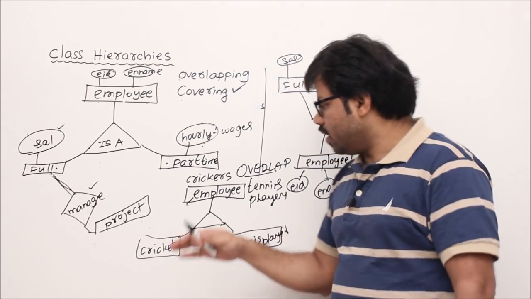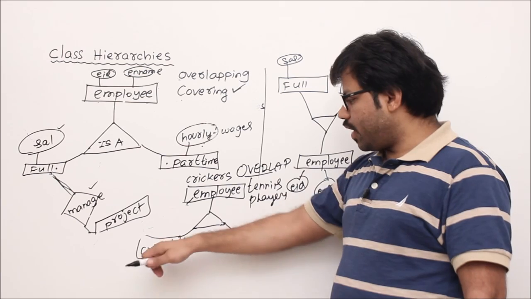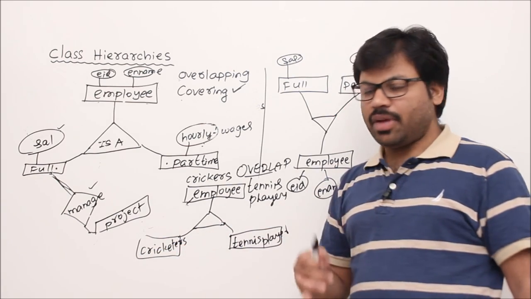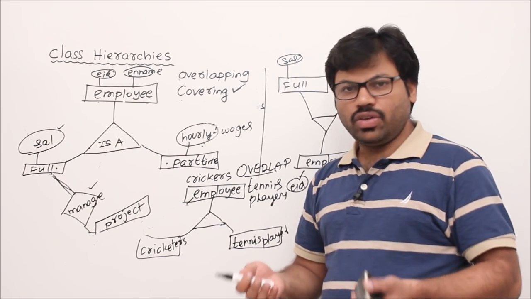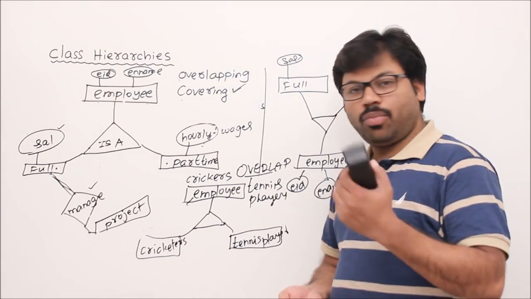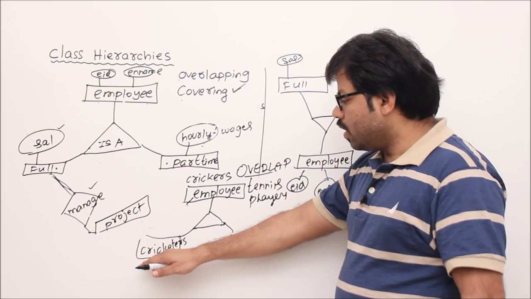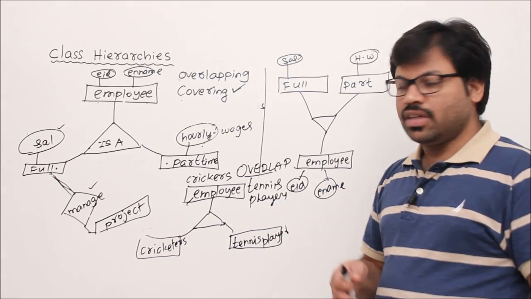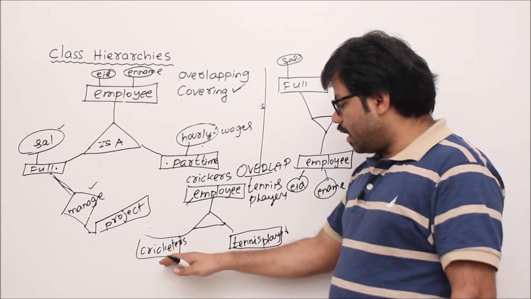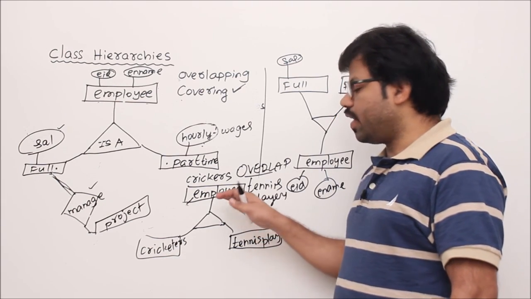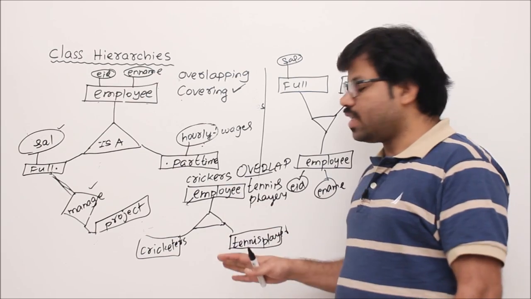Now we see this one, where employees are classified into cricketers and tennis players. Let me ask the same question: is every employee either a cricketer or a tennis player? Need not be, right? There may be employees who belong to neither cricketers nor tennis players. So here there is no covering property. These cricketers and tennis players are not covering employees, correct? So the default is actually non-covering.